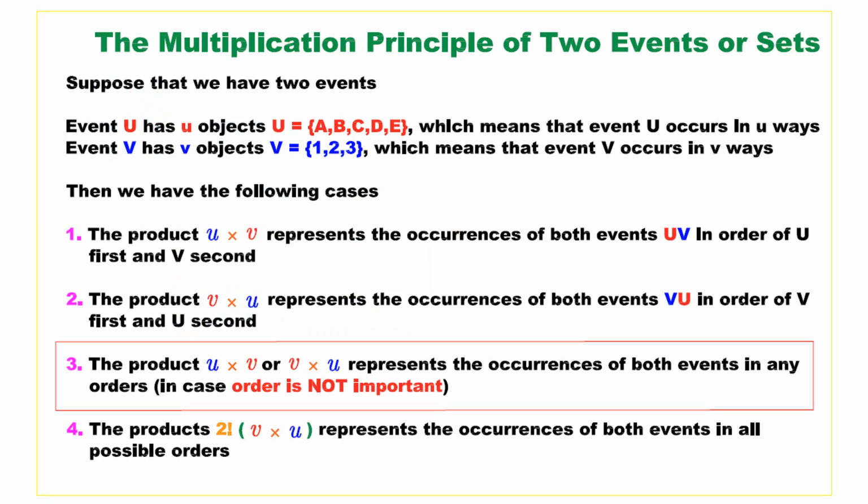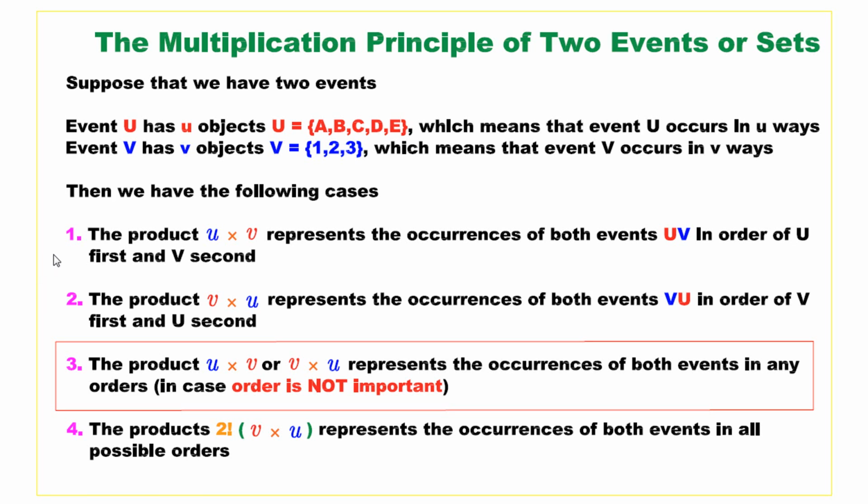But before we continue, let us remember the multiplication principle of 2 events or sets. If event U has U objects and event V has V objects, then the product U times V or V times U represents the occurrences of both events in any order, and this is the case of the multiplication principle where order is not important.